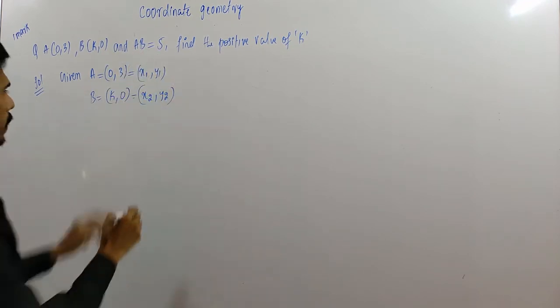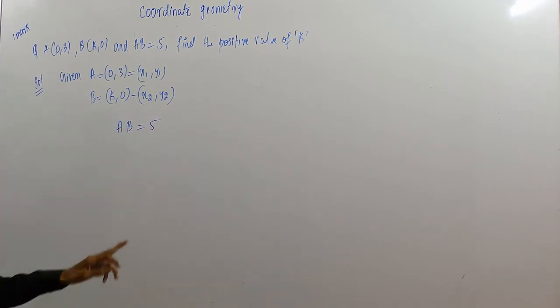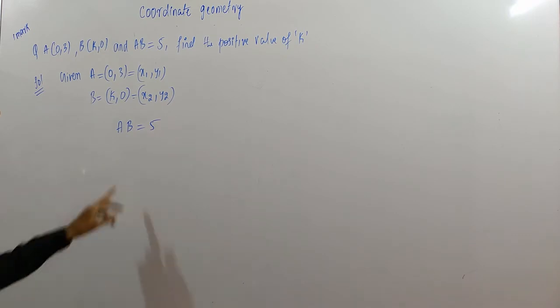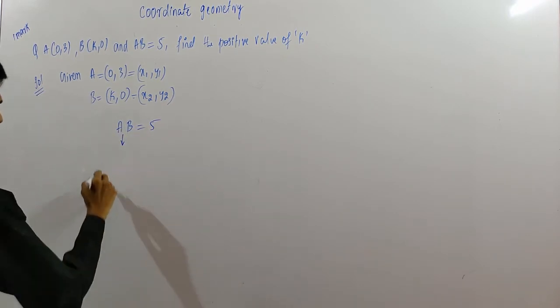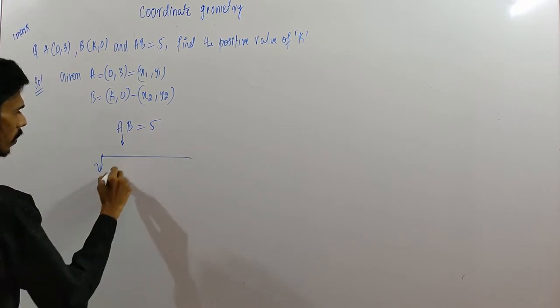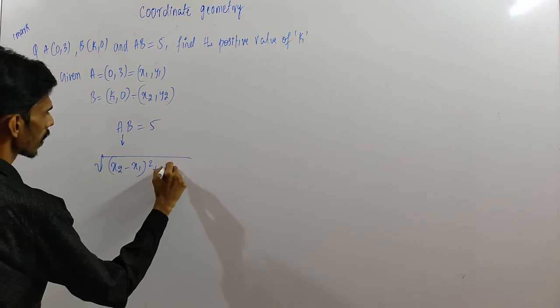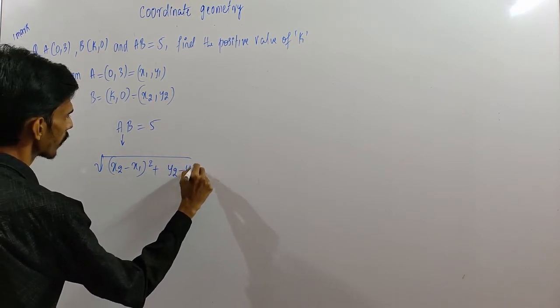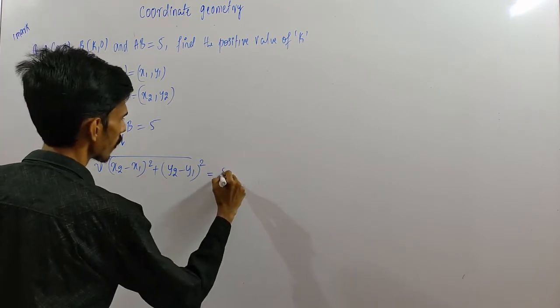Here we have AB. AB is equal to 5. Here AB means distance between points A and B. So the formula for distance, we have square root of (x2 minus x1) square plus (y2 minus y1) square is equal to 5.